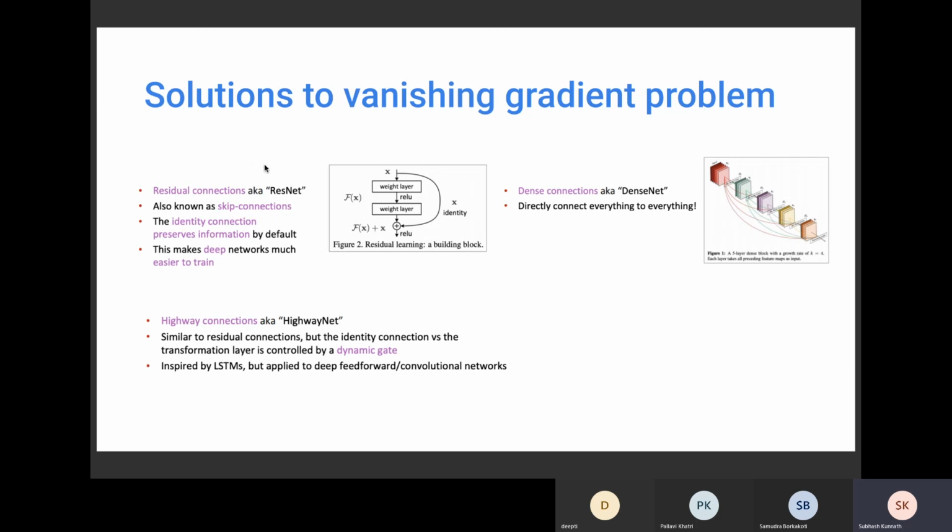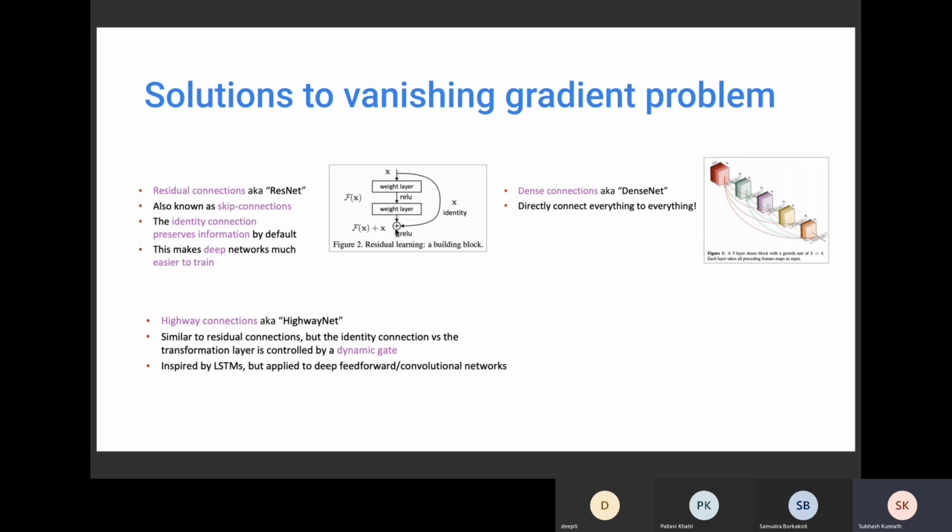In CNNs and all, you have seen ResNet, these residual connections. Residual connections are the identity function, or the previous inputs, being fed directly to that particular layer, instead of all coming through the different previous layers.